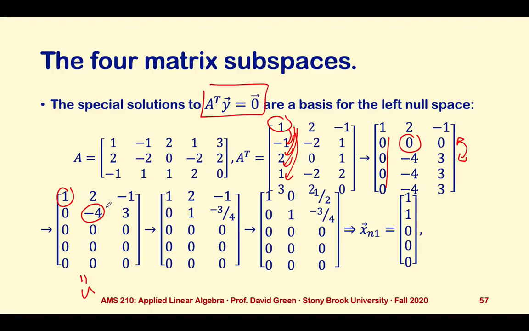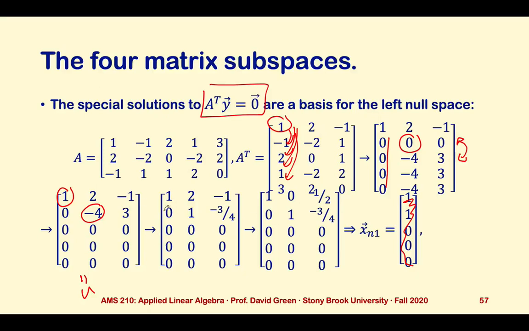Easiest to pull out the solutions if we go all the way to our, sorry, this is not the right final answer here, so I apologize for that. Go all the way to reduced row echelon form.